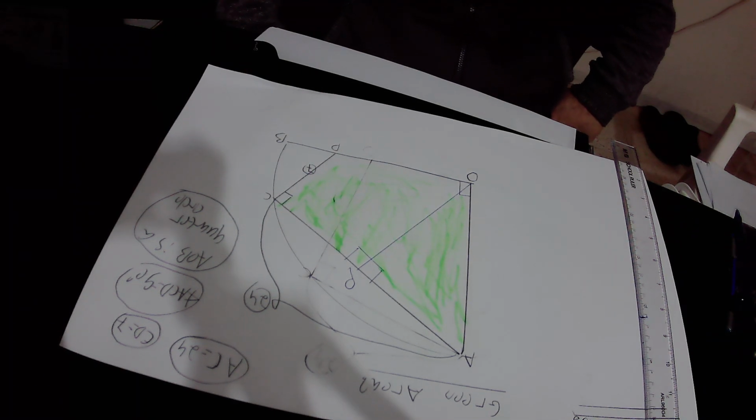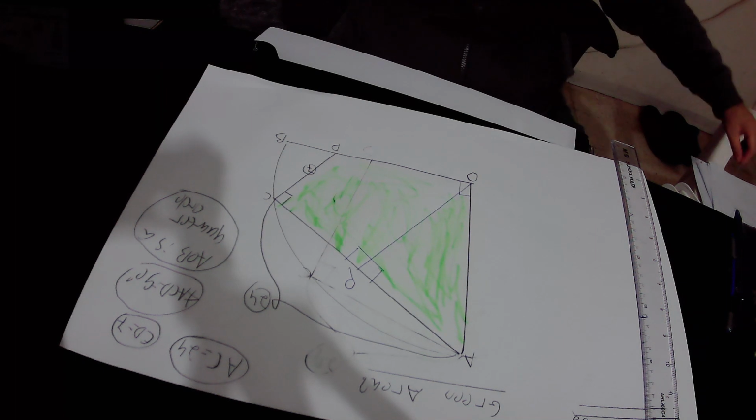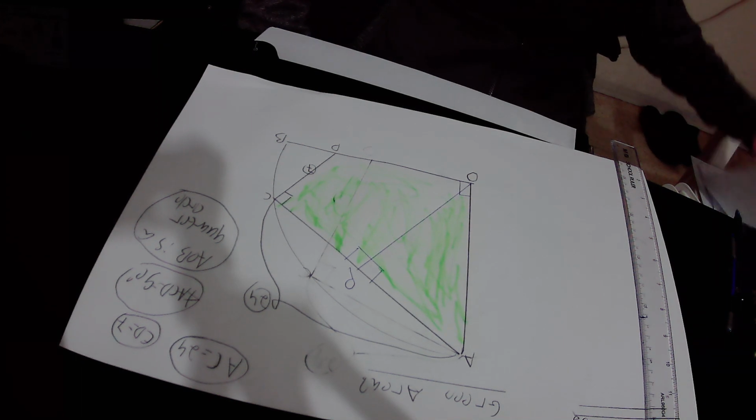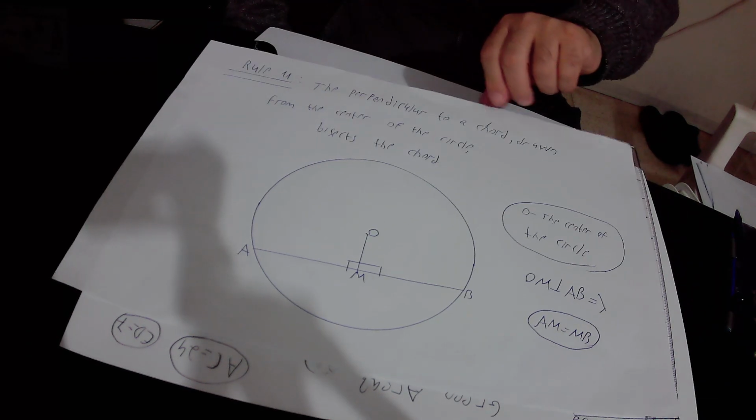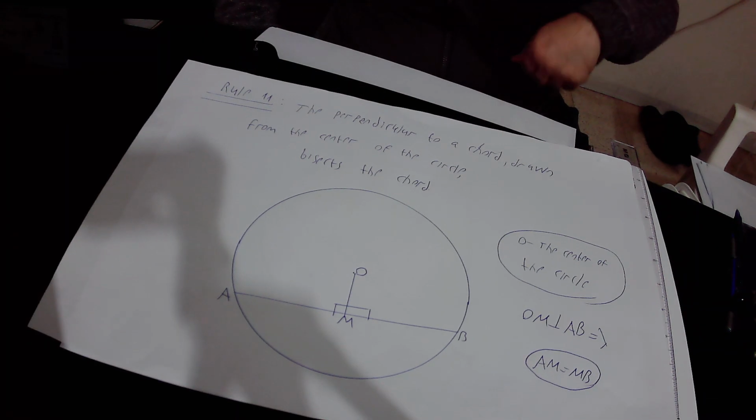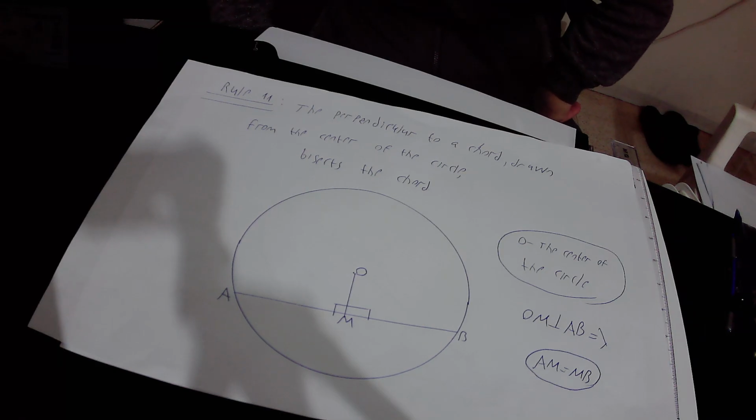And here we have rule number 11. According to rule number 11, the perpendicular to a chord drawn from the center of the circle bisects the chord.